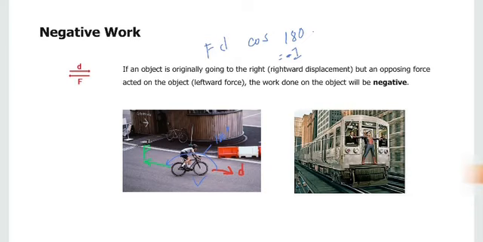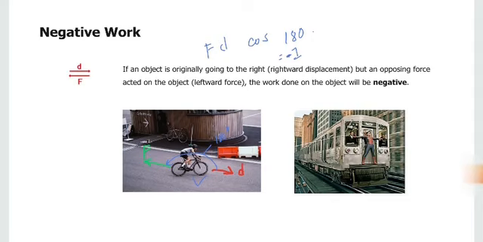O pinipigilan mong ma-displace yung isang object. Kasi remember, di ba, para masabi mong work is done on an object, dapat that force is causing it to be displaced. But in negative work, the force applied to the object is preventing it to be displaced.